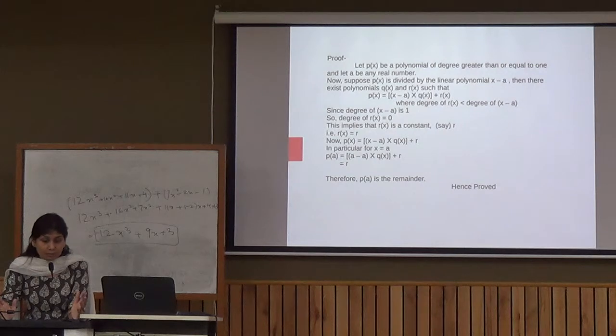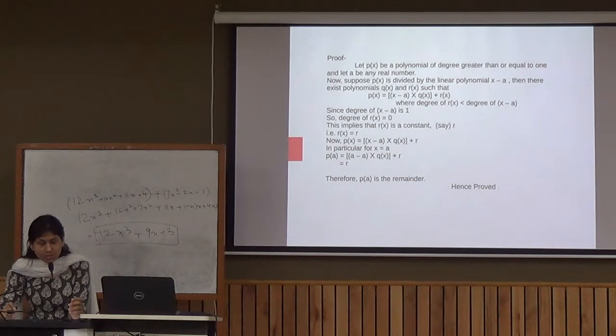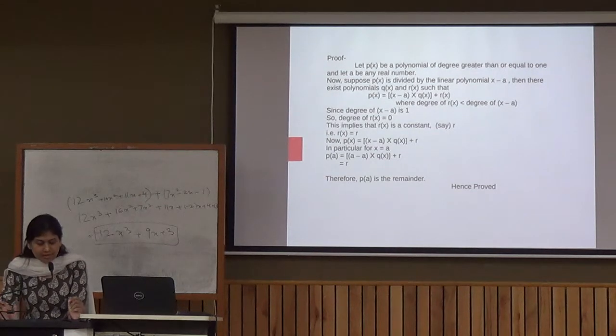Then, again, there must exist two polynomials q(x) and r(x) such that we can write p(x) is equal to x minus a into q(x) plus r(x), where degree of r(x) must be less than degree of the divisor, that is x minus a. Now, since degree of x minus a is 1, so degree of r(x) is equal to 0 here. This implies that r(x) must be a constant, and let us denote it by small letter r.